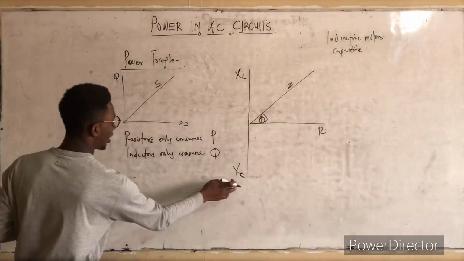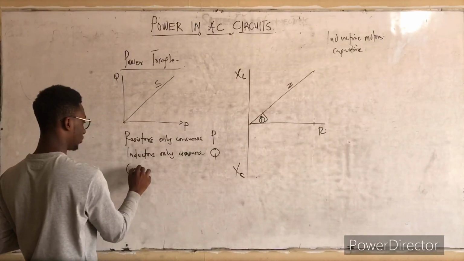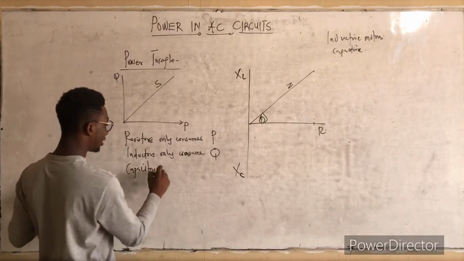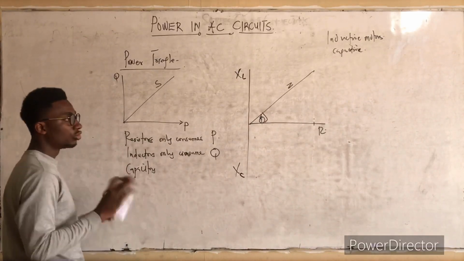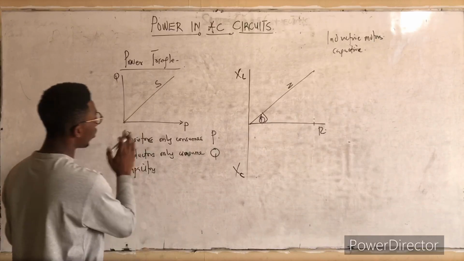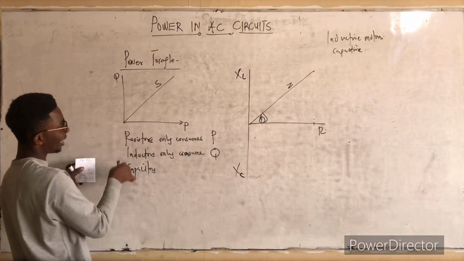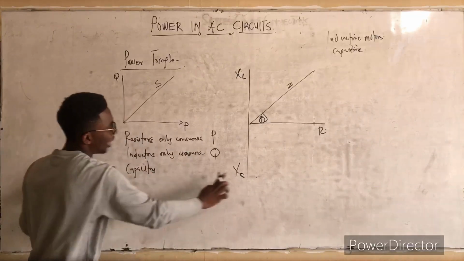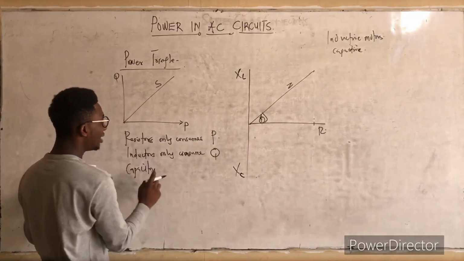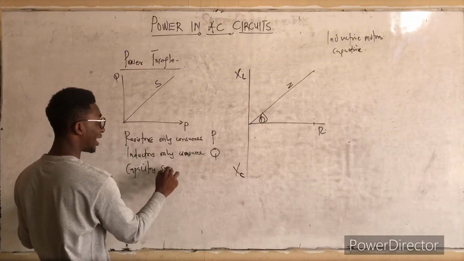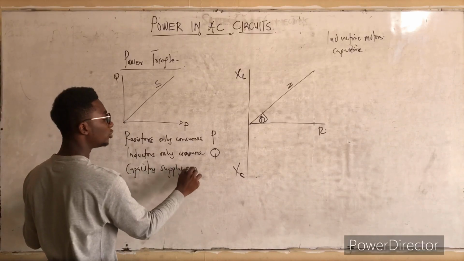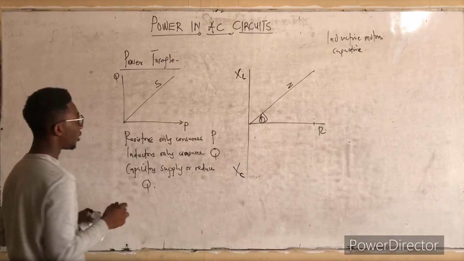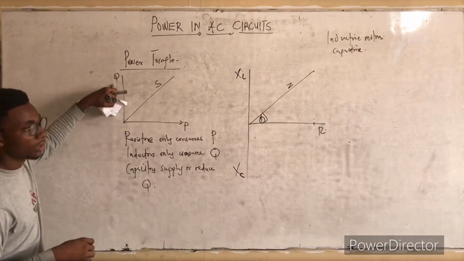And also the capacitors, they do not consume any of them. So you see that there's nothing here. But what the capacitors do is they will rather supply, or they will tend to reduce, the reactive power.